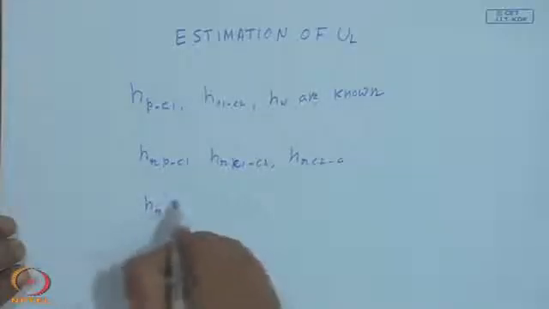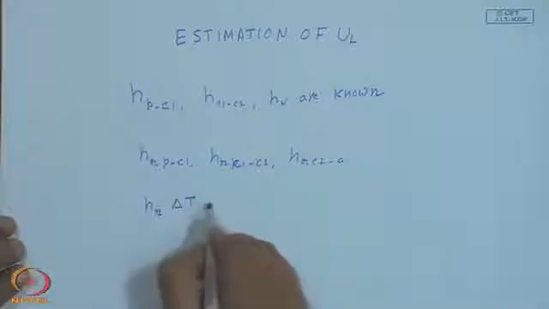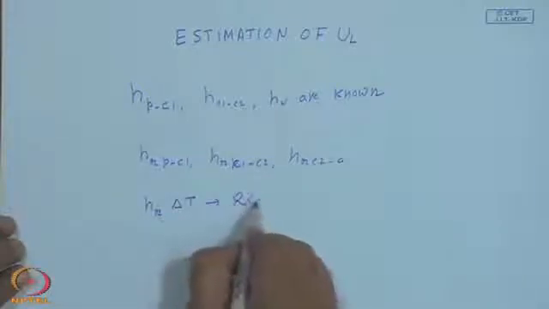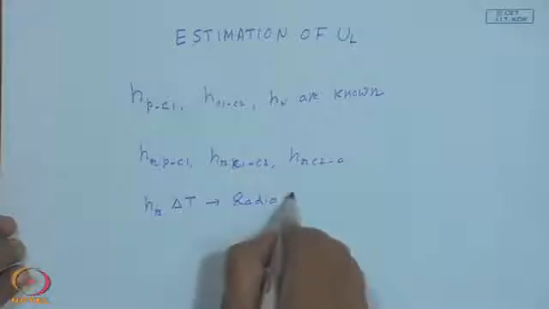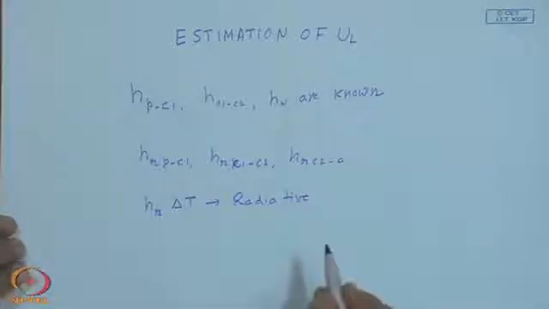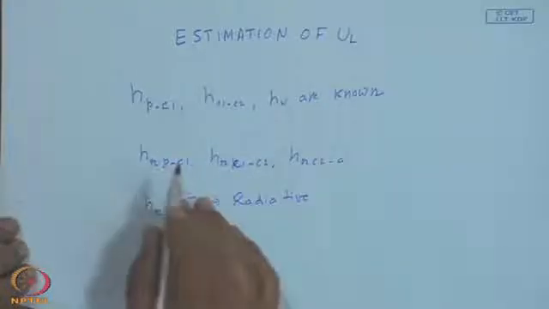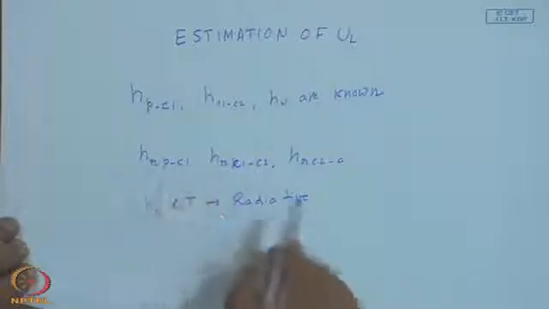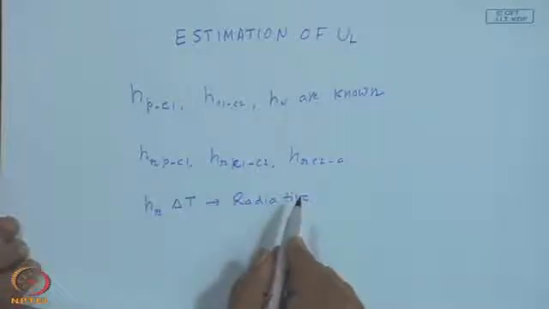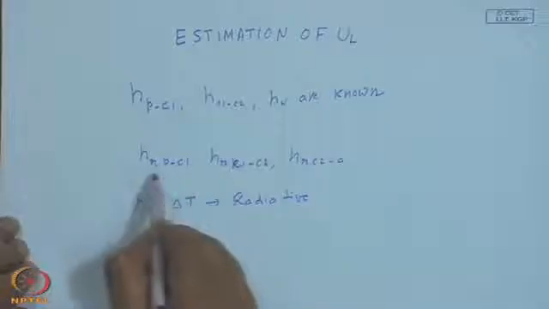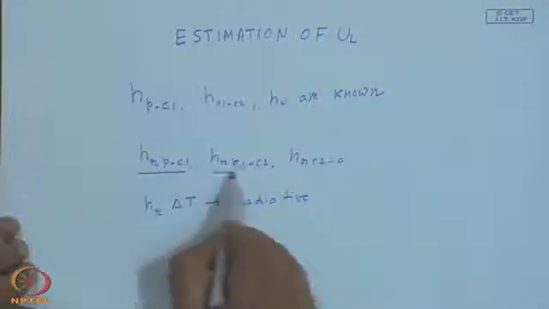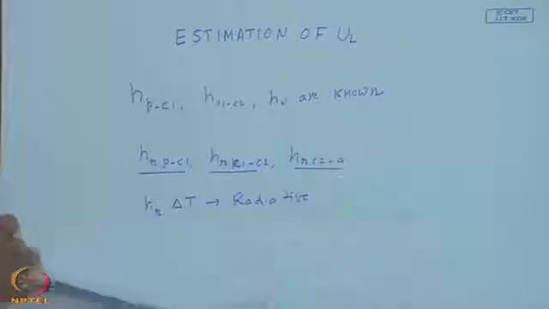These are radiative heat transfer coefficients, which in general Hr multiplied by some delta T gives the radiative loss. Though we know that the radiative loss is proportional to the difference of the fourth power of the temperature, this has been expressed similar to that of convective loss. Then nonlinearity is absorbed in the definitions of the radiative heat transfer coefficient.